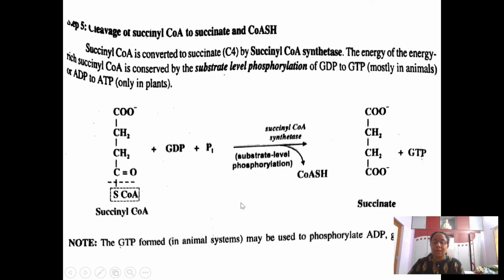Only one substrate level phosphorylation in the Krebs cycle, and this GTP can transfer its phosphate group to ADP, in turn producing ATP. So, when succinyl-CoA is converted to succinate, a molecule of ATP is produced. This reaction is an example of substrate level phosphorylation in the Krebs cycle. So, here you get a question like this for 2 marks.